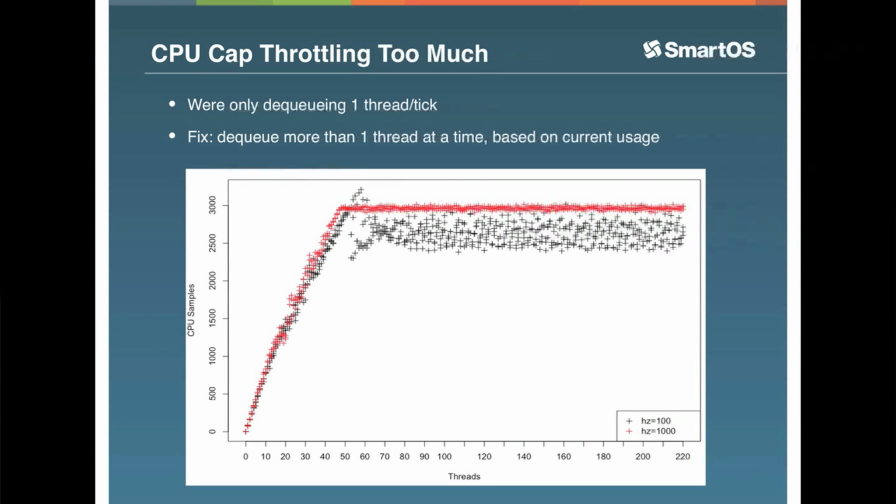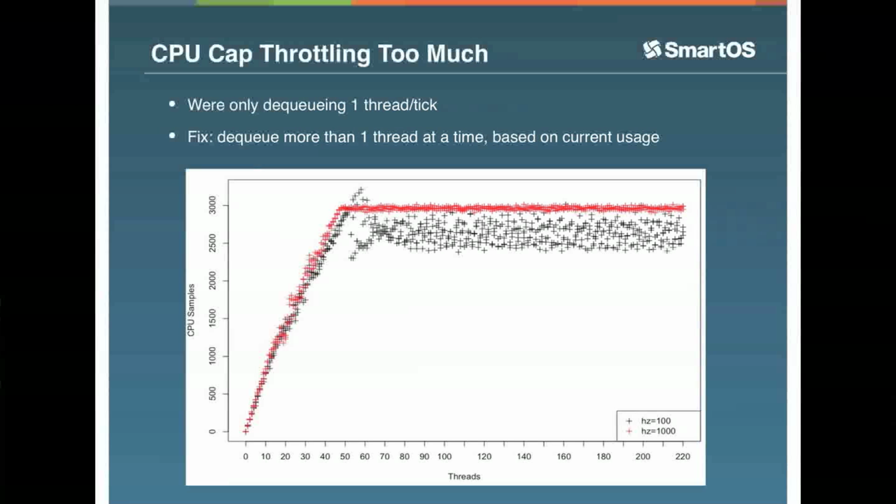So in the area of CPU caps, one of the problems that Brendan actually found, this is his picture right here, is that it didn't work as well as it should, and we had to fix this. Basically, you can see from this graph that as we got a lot of threads running, we weren't able to really go up to our full cap.